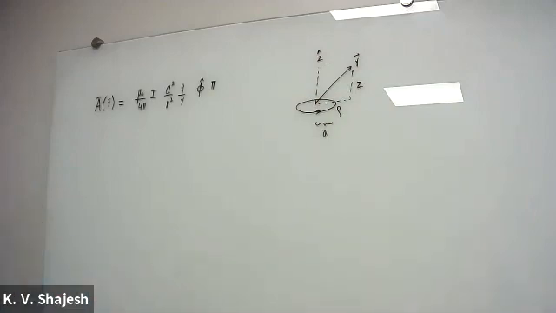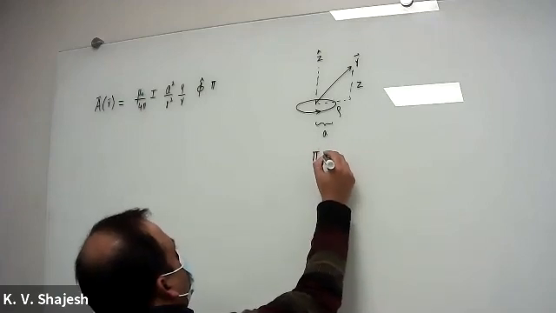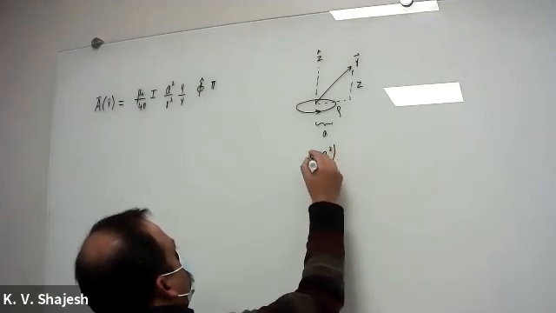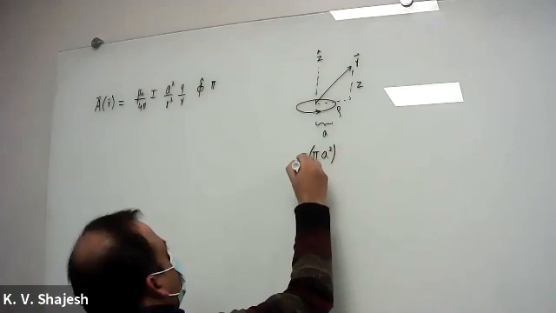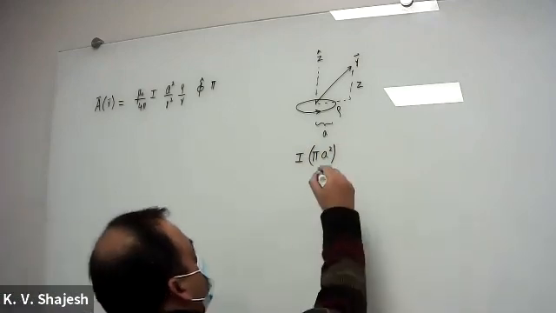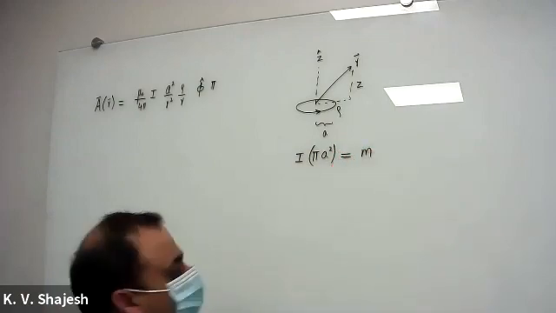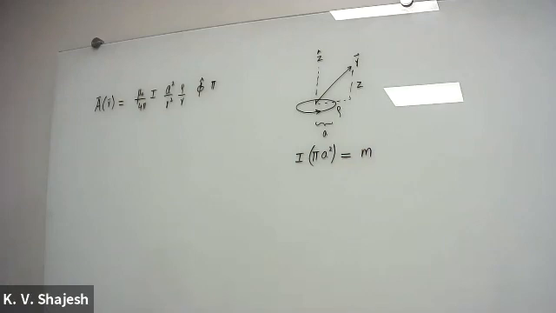Notice the area of that loop is pi a square. And if I multiply that area with the current going through the wire, I get the quantity called the magnetic dipole moment. And the magnitude of the dipole moment is the area of the current carrying loop.